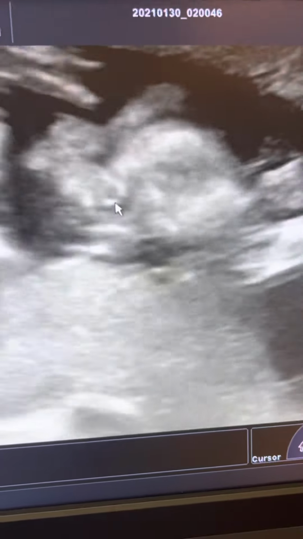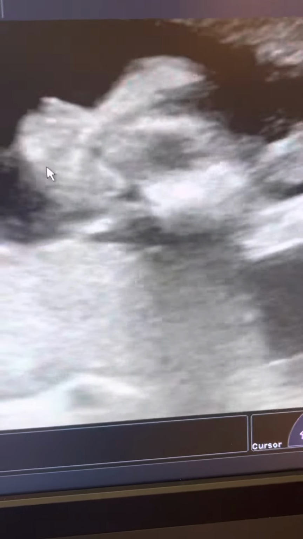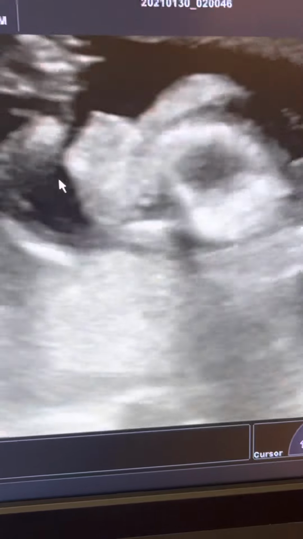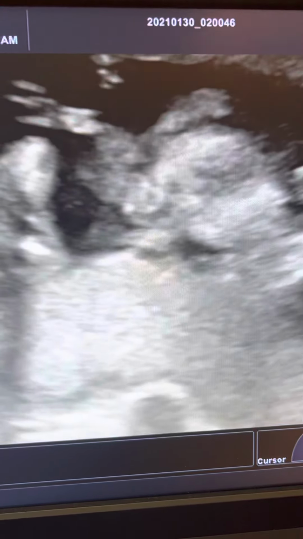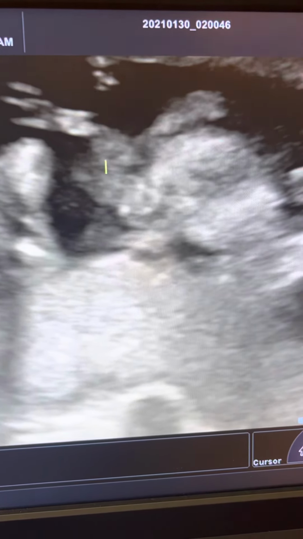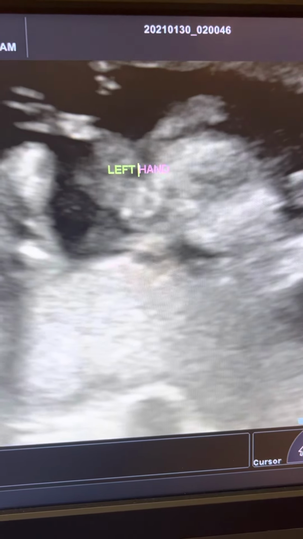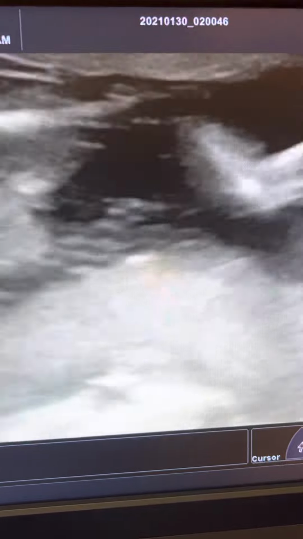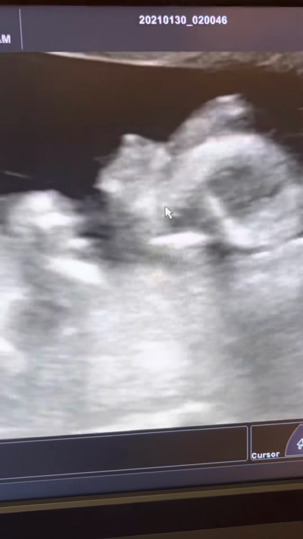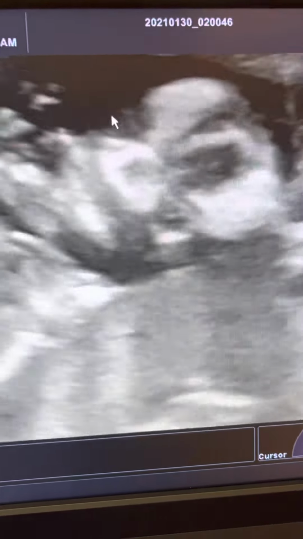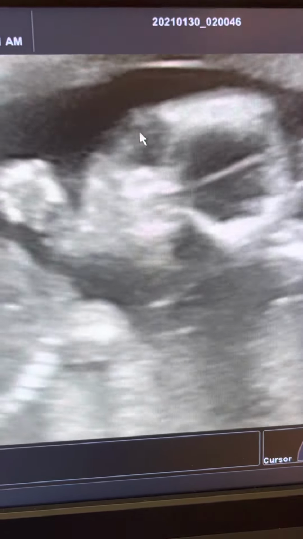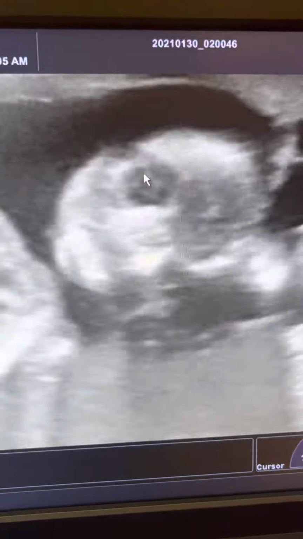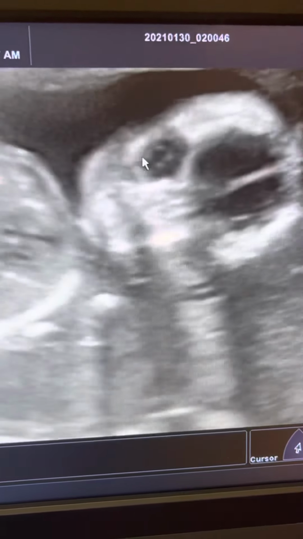One eye of the fetus can be seen here, which is the left eye. Here, another eye, of course, the right eye of the fetus.